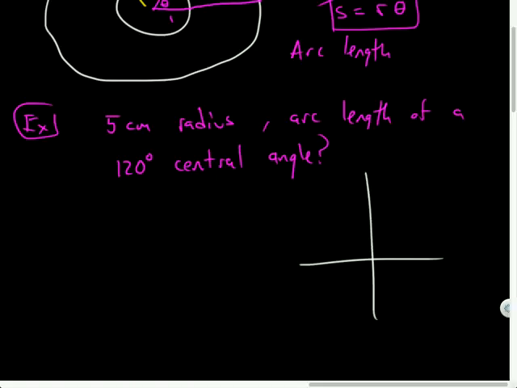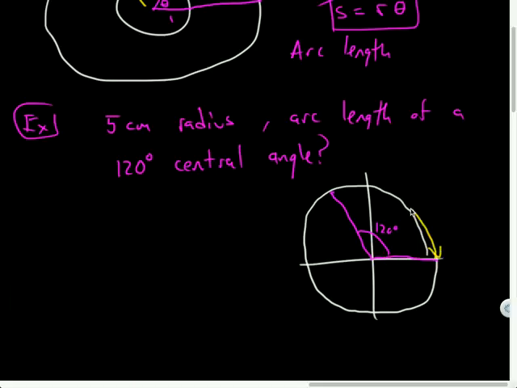So I've got a circle, as always. I'll draw a circle in white. So let's see, 120 degrees is like this, right? And I'm looking for this arc length. So the distance it would be if you were to travel along this arc right here.